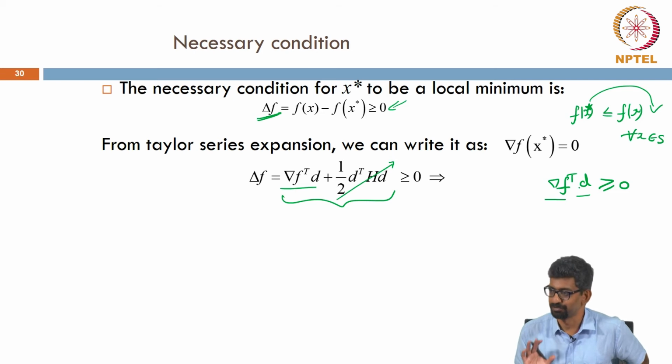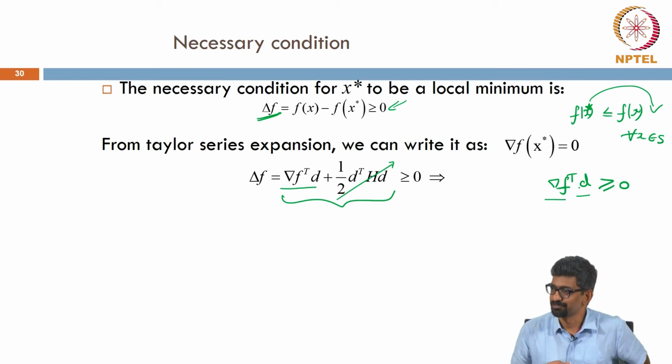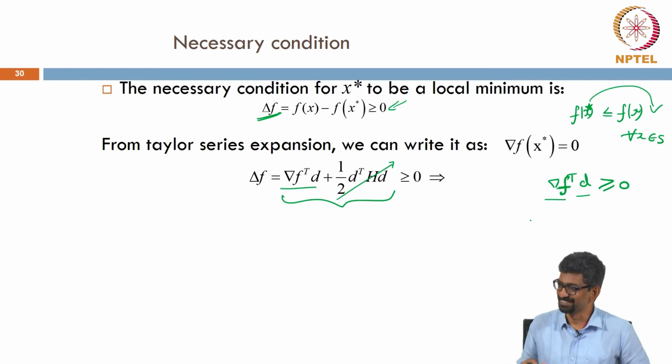Gradient of f, just do not jump into the known solution. Is there a control on the gradient of f values at the candidate point x star, that is derived from this? How do you know at the candidate point it will be 0?